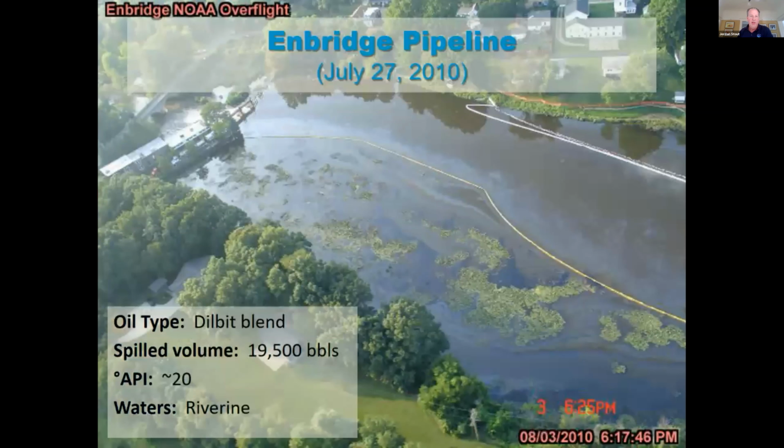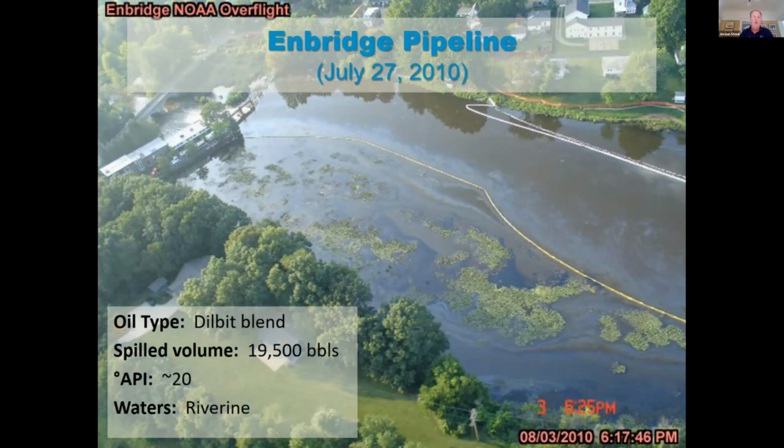So what if you have a blended oil, like a diluted bitumen? This is an example of one, the Enbridge spill in Kalamazoo, Michigan, back in 2010. The blended oil API was about 20, so you'd expect it to float in both fresh and salt water. This was spilled into a riverine environment, so it's a freshwater environment.